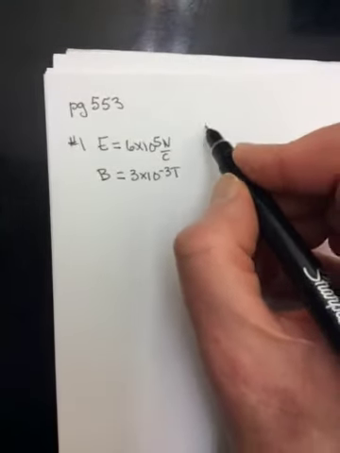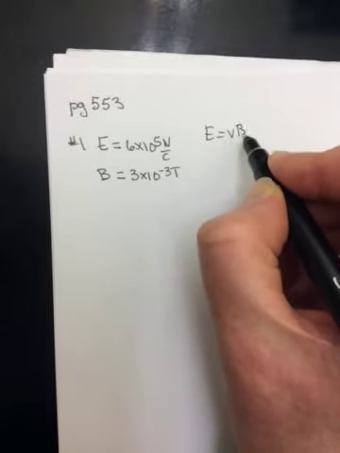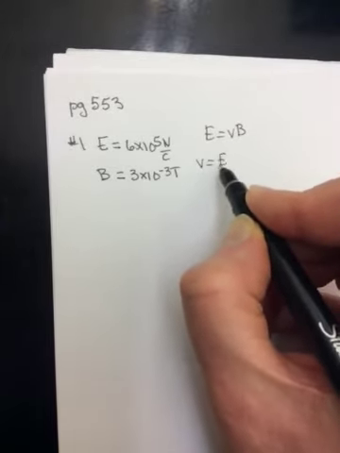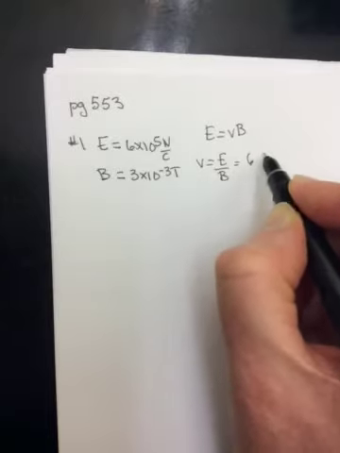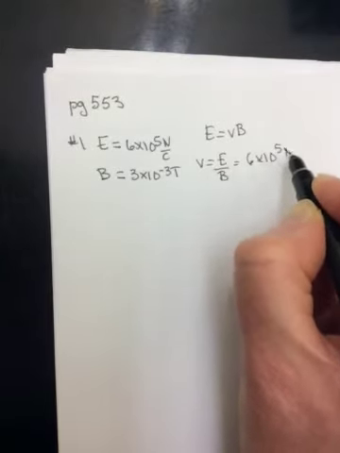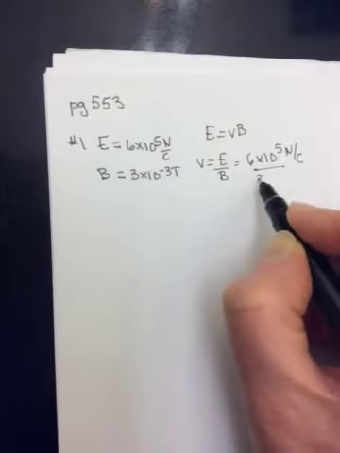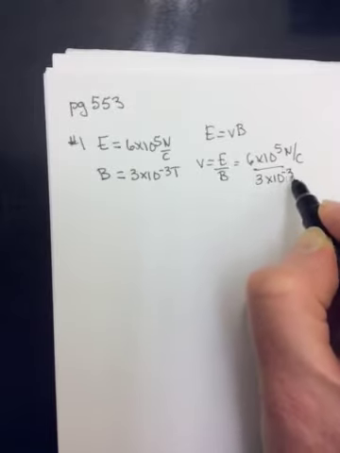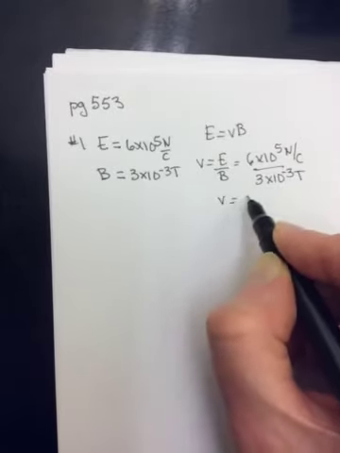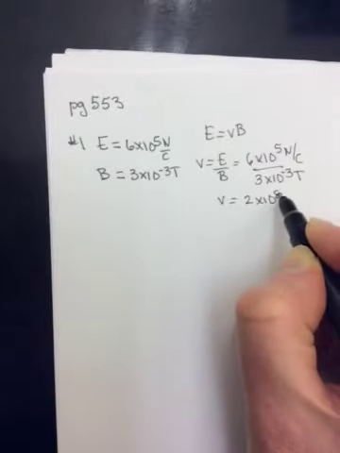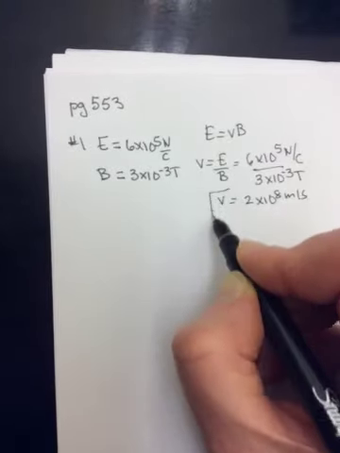What is the speed? So E equals VB, so V equals E over B. So 6 times 10 to the 5th newtons per coulomb over 3 times 10 to the negative 3 Teslas gives you a speed of 2 times 10 to the 8th meters per second.